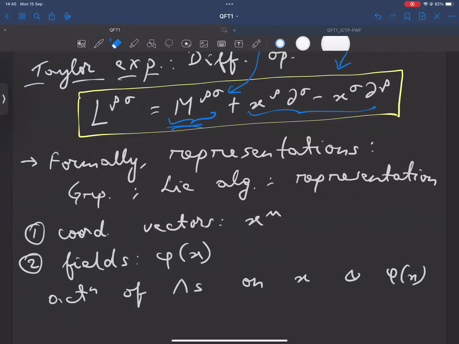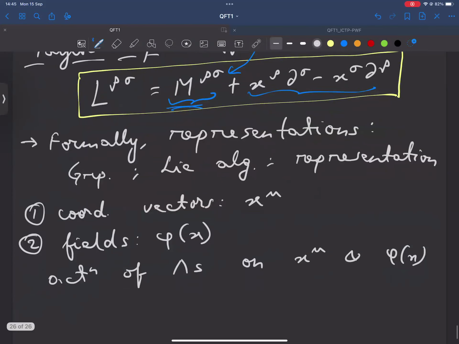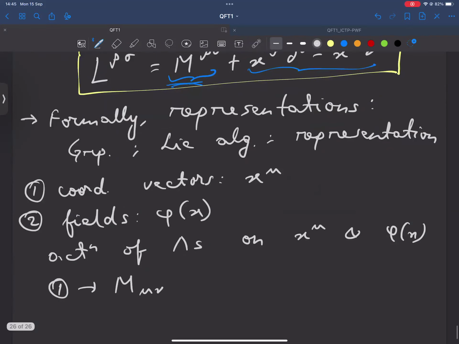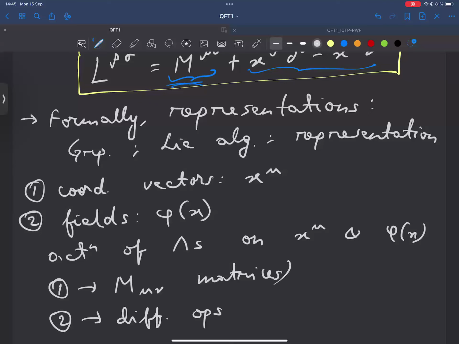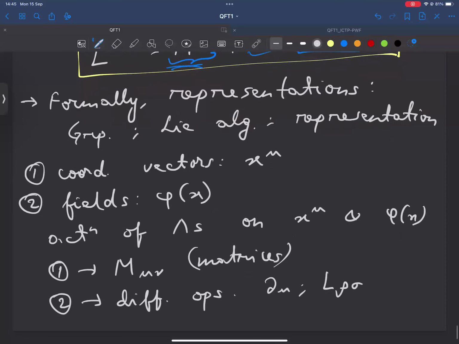Okay. And as I explained, the first gave you these matrices M, mu, nu, and the second gave you these differential operators. So these are matrices, and we got differential operators like del mu, like L rho sigma, because they act on functions. Okay.